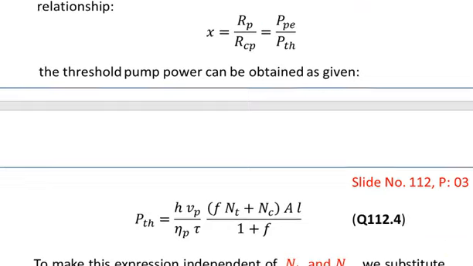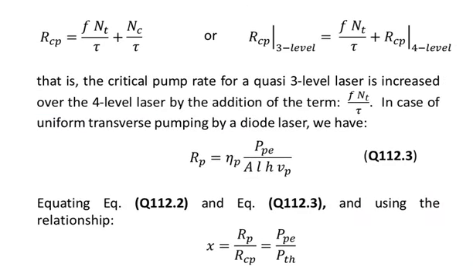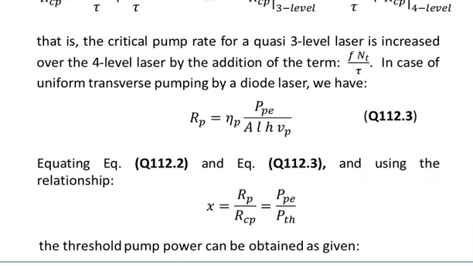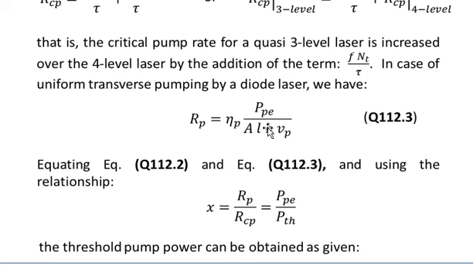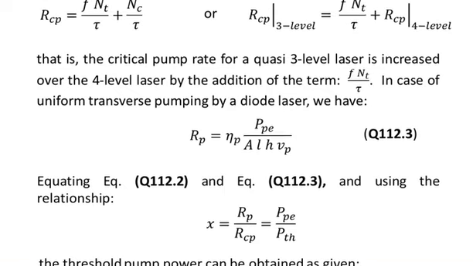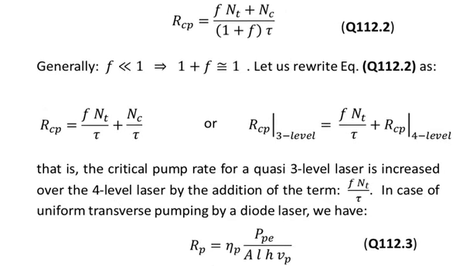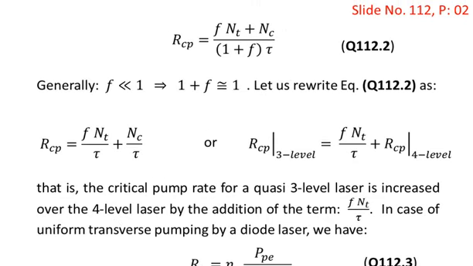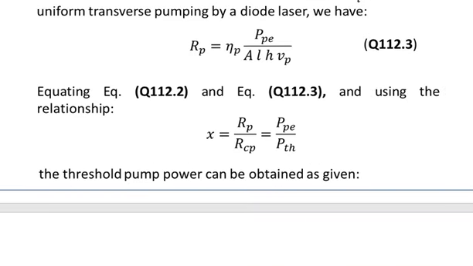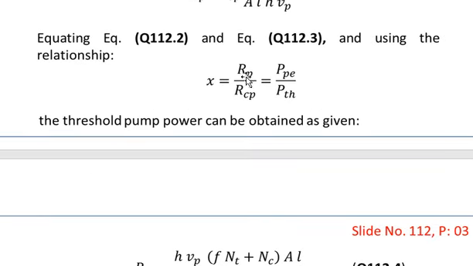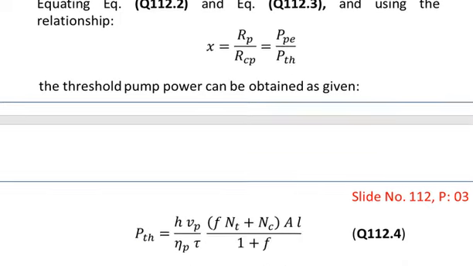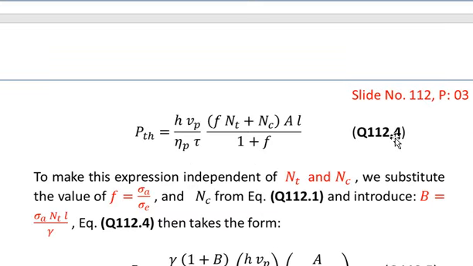So what we need to do is that we have the value of Rp from equation number 3, and we have the value of RCP from the above relationship, that is from equation number 2. We can use these values over here, and we can see that PPE will be cancelled out, and then we can solve this equation for P threshold, and this value is given in equation number 4.